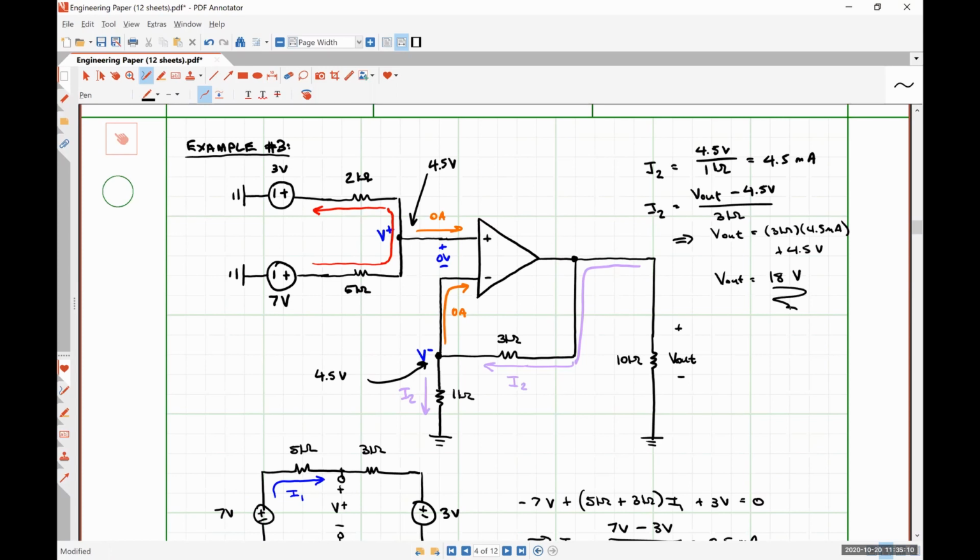So those are 3 example problems detailing how to use the ideal op amp rules, as well as Kirchhoff's current law, Kirchhoff's voltage law, and Ohm's law to determine the different voltages within the circuit, be it the voltage present at the non-inverting input, the voltage present at the inverting input, or the voltage present at the output of the op amp.